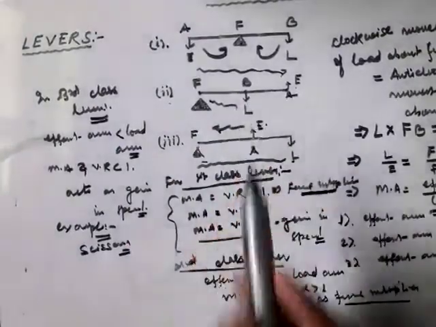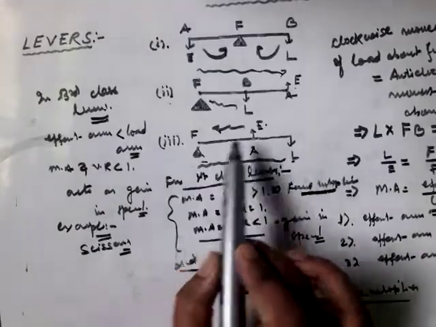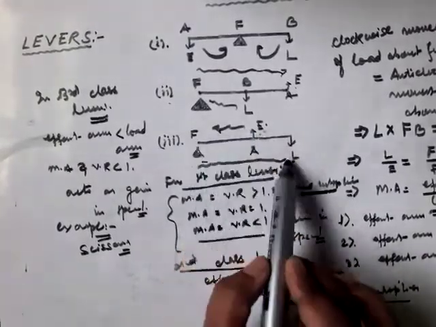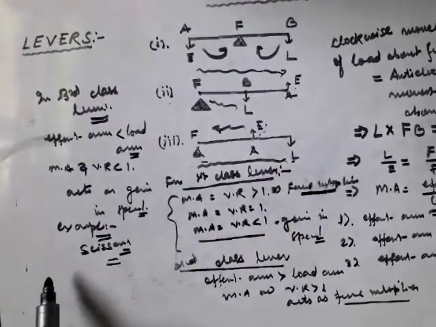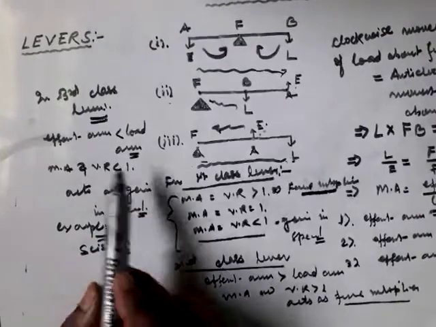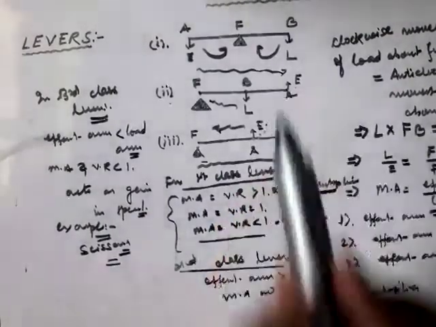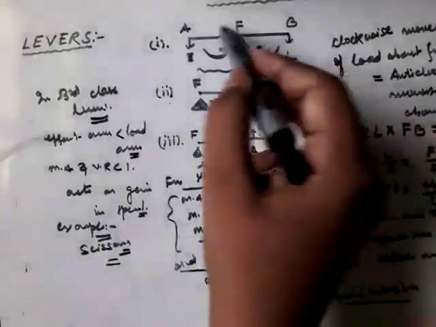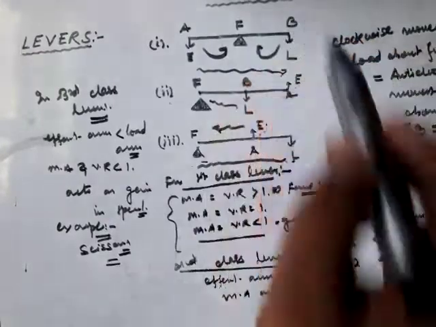In the third class lever, load arm is always greater than the effort arm, that is, effort arm is less than load arm. In this case, it always acts as a gain in speed, and mechanical advantage and velocity ratio is less than 1. In the second class lever, mechanical advantage and velocity ratio is always greater than 1. And the first class lever possesses all three conditions. It may be greater than 1, equal to 1, or less than 1.